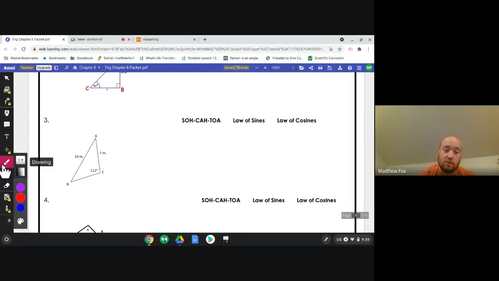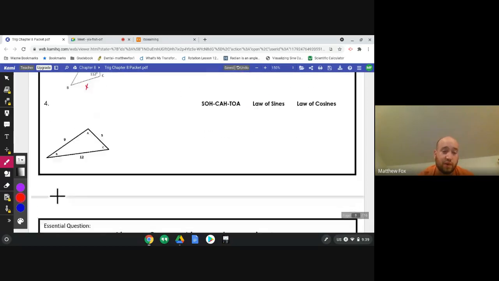To find that X, we would also need to know what this angle is. But say I have 47 degrees there, and I'm trying to find that missing side. Because I have this angle and the side here, 112 degrees, 10 inches, and also 47 degrees here, I can use law of sines, because the opposites are there.